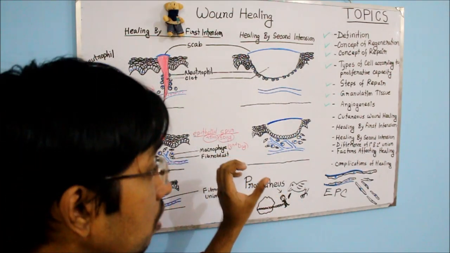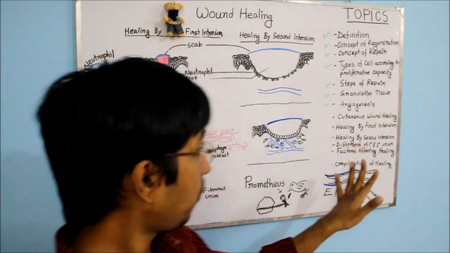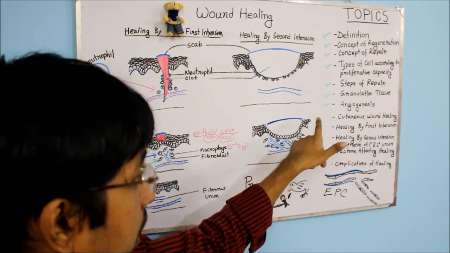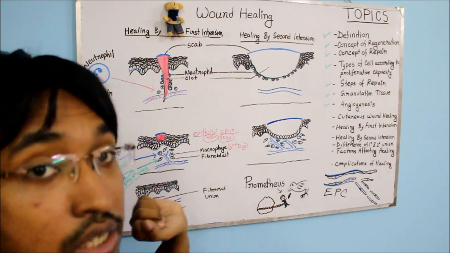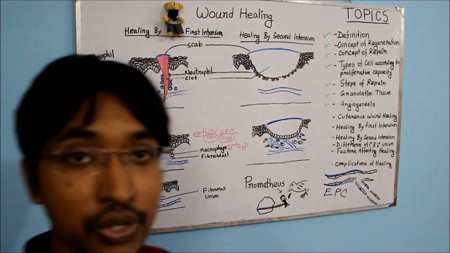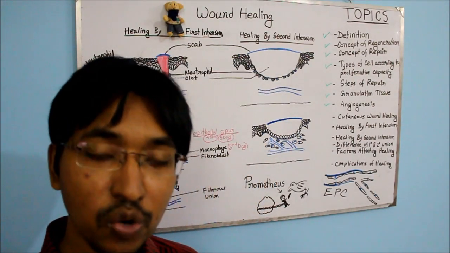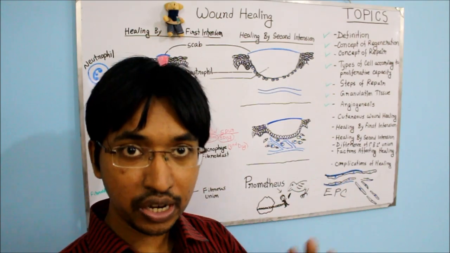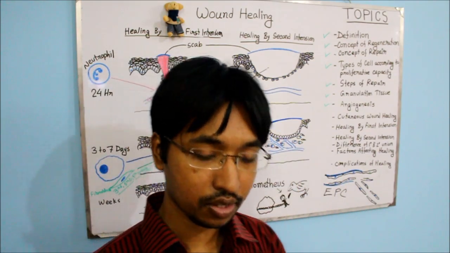There will be a lot more inflammation compared to healing by first intention. So you can see more cells have come to the site of injury. There is more blood vessel proliferation compared to healing by first intention. And there will be an increased amount of granulation tissue formation, obviously, to fill up the big gap.